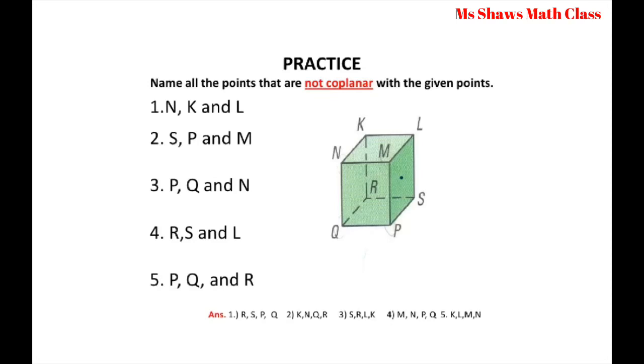All right, so we're going to name all the points that are not coplanar with the given points. So we have N, K, and L. The only one that is coplanar is M. Everything else is not. So R, S, P, and Q are not coplanar.